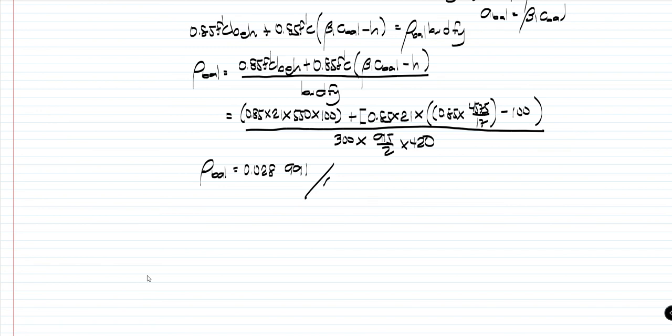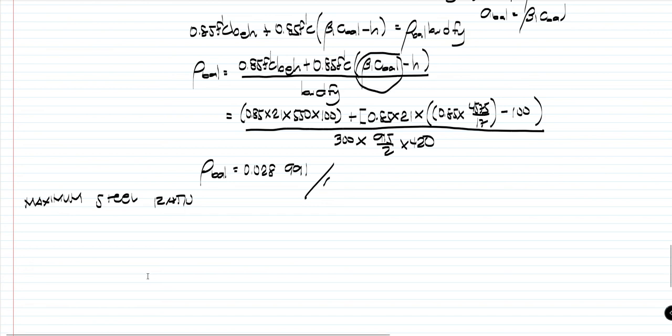So ito magiging for the maximum steel ratio, kasi same derivation lang sila as above nitong balance steel ratio. So probably we will arrive with the same equation. Ang mapapalitan lang itong part nito na beta 1 C balance, magiging beta 1 C max yan. So we will have here yung C max muna kunin natin.